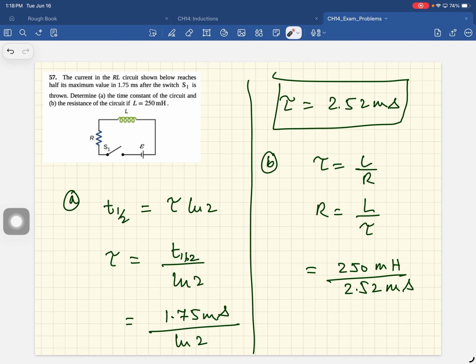Okay, so the charge on this decays as it's oscillating, and here's the expression.